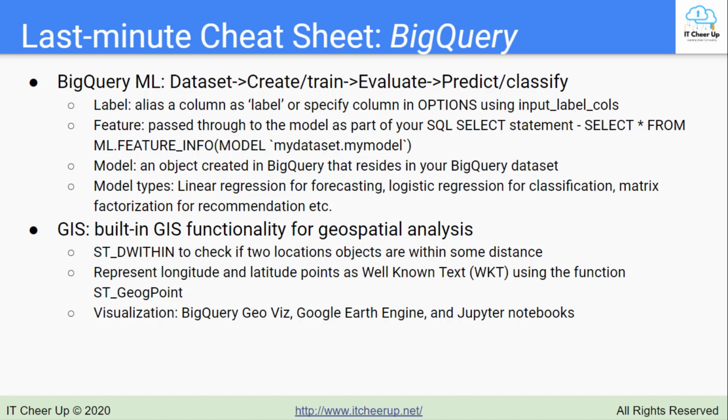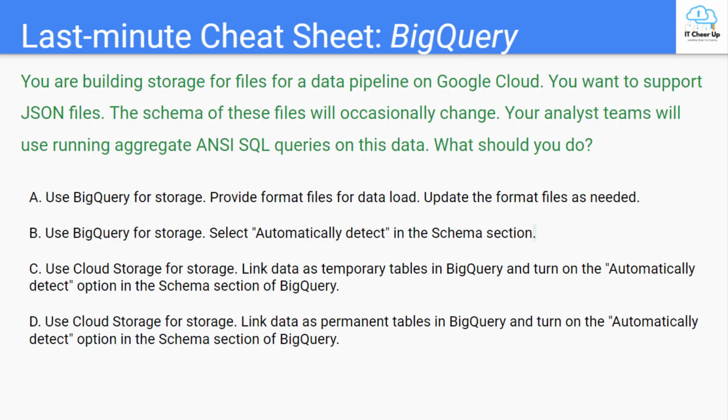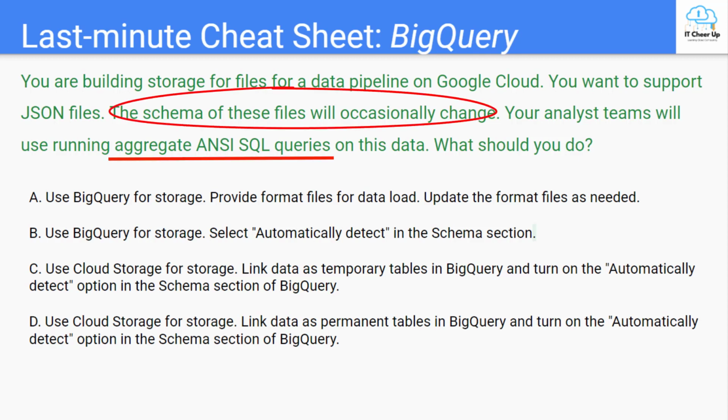Now let's use BigQuery's last-minute cheat sheets to take a look at some sample PDE BigQuery questions. Please read the question, pause the video and try to answer it yourself. Ready? I highlight the keywords of this question.